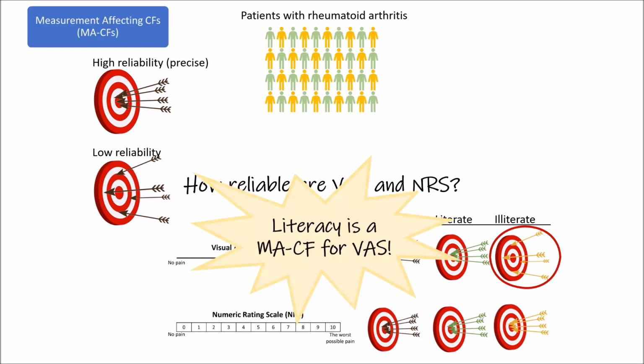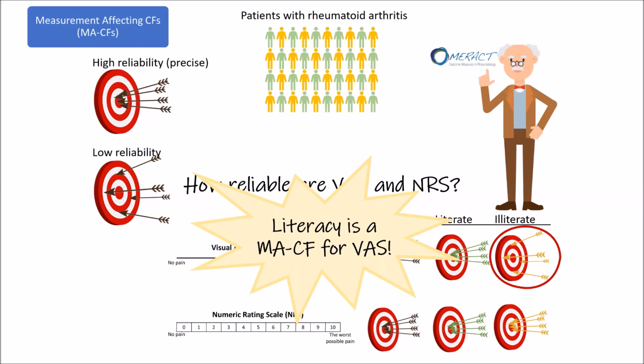Literacy is therefore a measurement affecting contextual factor for the VAS instrument. Measurement affecting contextual factors can reveal whether the measurement properties, such as reliability, are stable across different patients and environments, and OMERACT can help ensure that robust instruments are being used in trials.